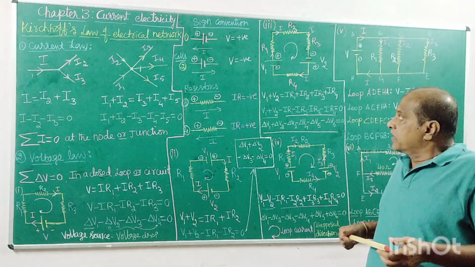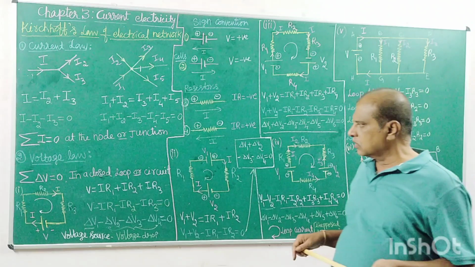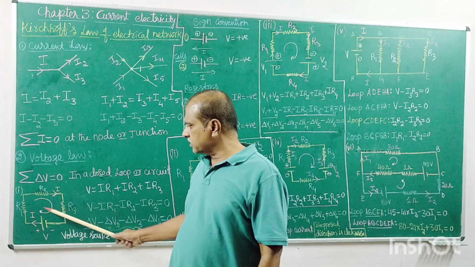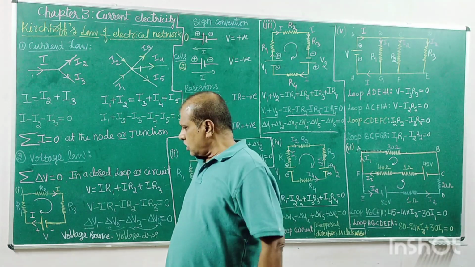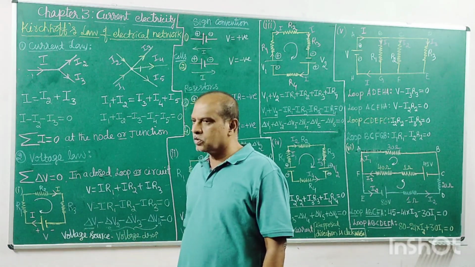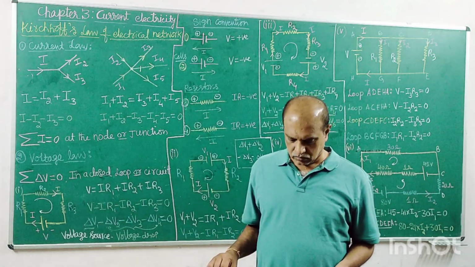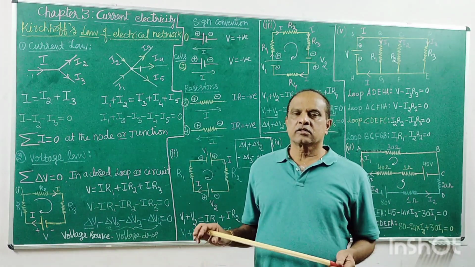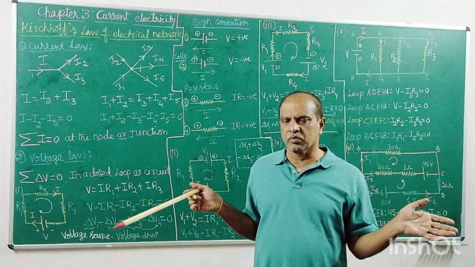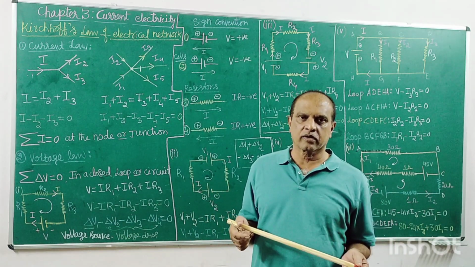The elements in the electrical network are the electrical resistors, so these are the resistors like this, and the batteries or cells, and also the capacitors and inductors. We connect them in large or small numbers to get an electrical network.